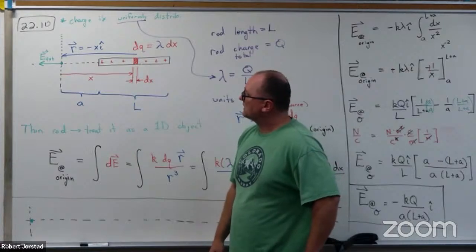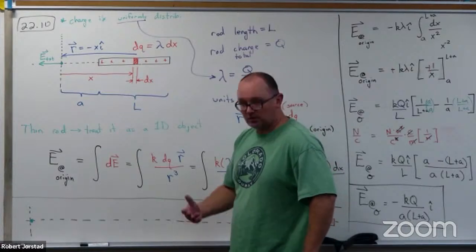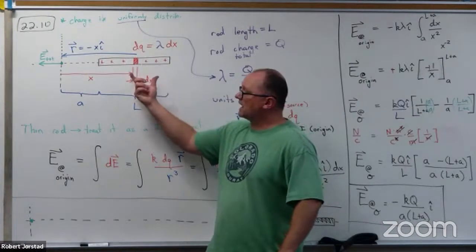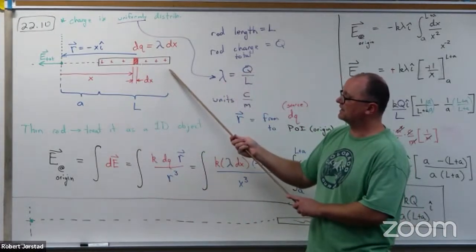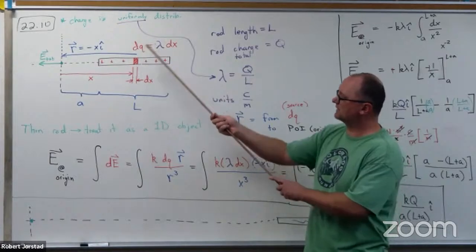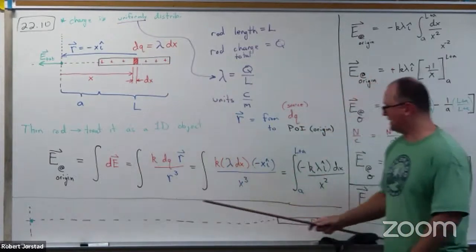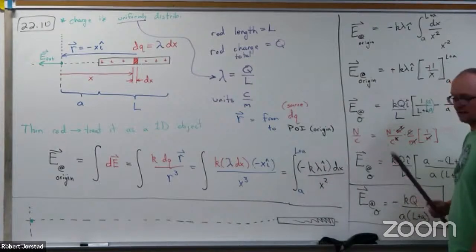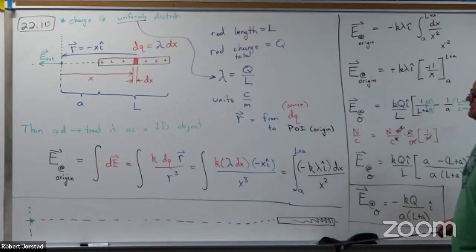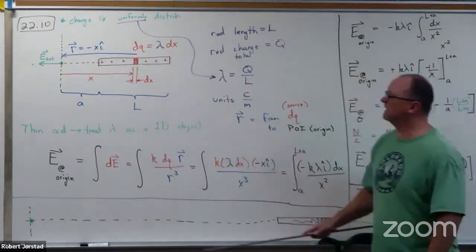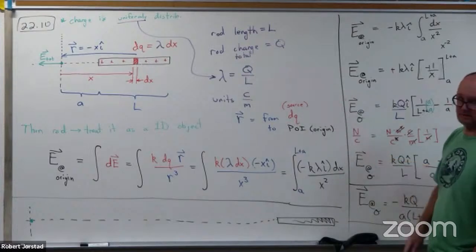What else could I do here? Oh, and if the object was located in a different position, let's say the rod was not located here, maybe it was in a different spot, that might change your limits as well. So from problem to problem, the things that catch you, you've got to worry about the limits, you've got to worry about the correct R vector, and you've got to worry about the correct lambda.